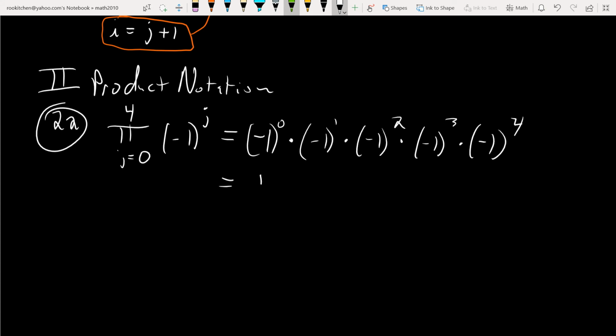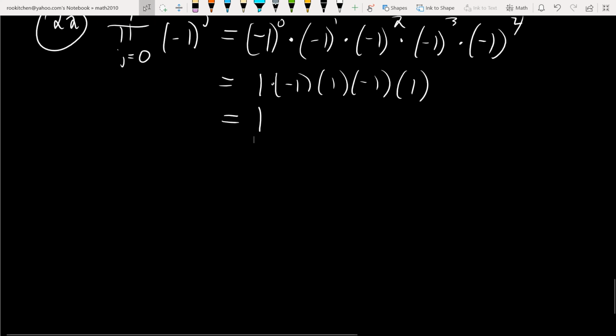So this would be 1 times negative 1 times 1 times negative 1 times 1. Or you just add the exponents, 0 plus 1 plus 2 plus 3 plus 4, that would be an even number, so therefore it's positive. You can do all the same rigmarole with the product notation.